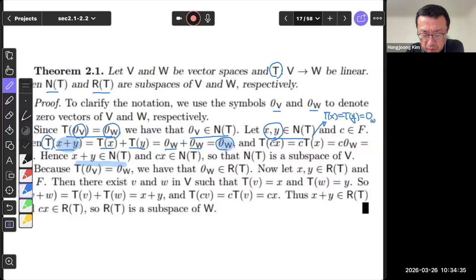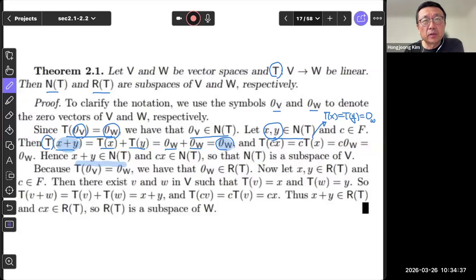Now, what if I multiply any number, say c, to x? Then the image of cx, by the linearity of T, can be obtained by multiplying c to the image of x. Since T of x is 0, when you multiply c to 0, you get 0.